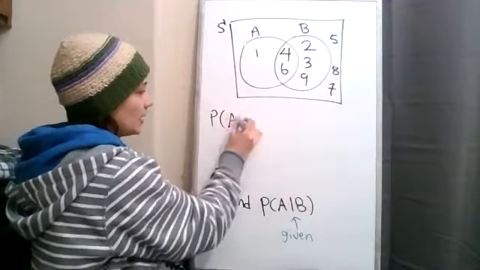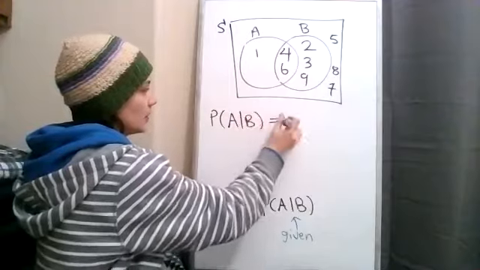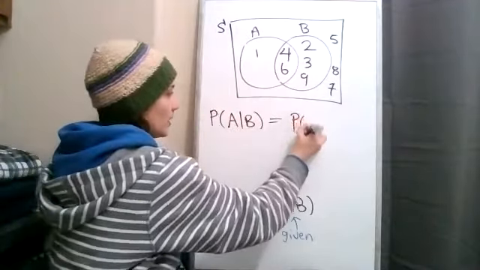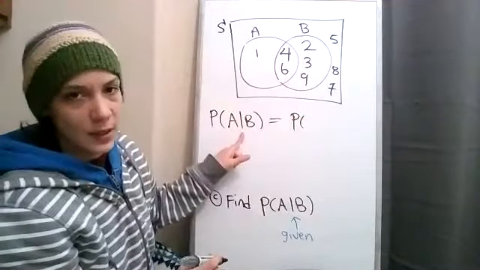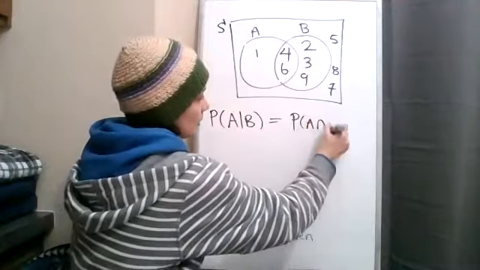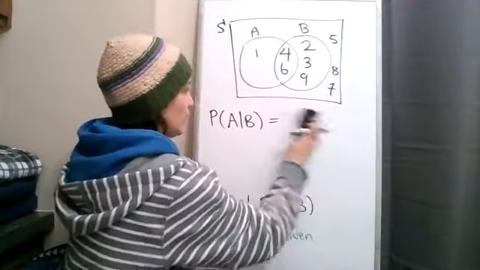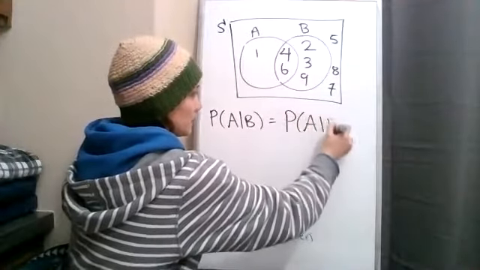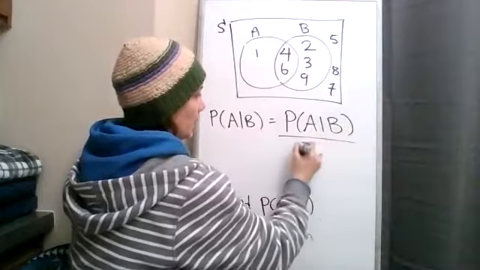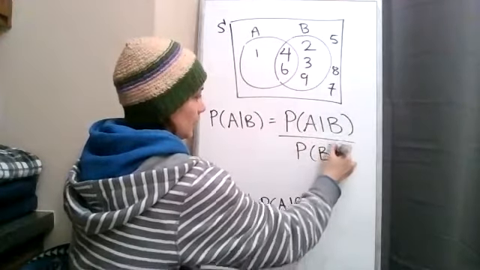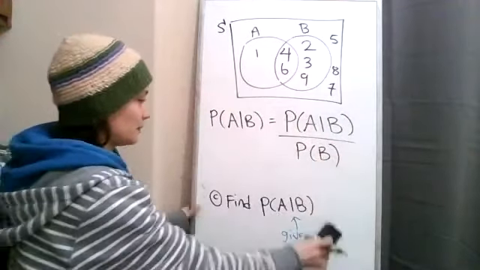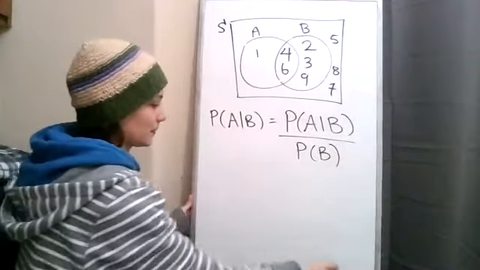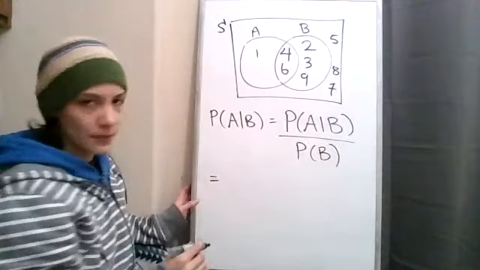Probability of A given B equals probability of A intersect B. Oops, this is intersection.